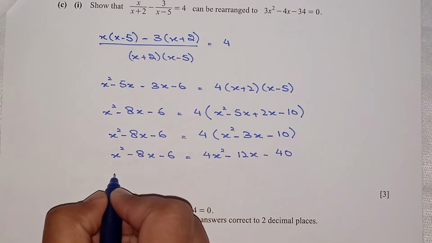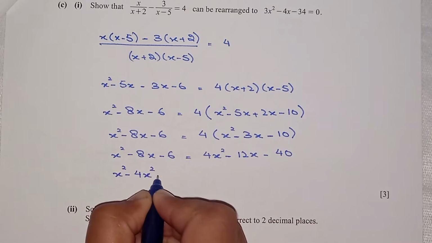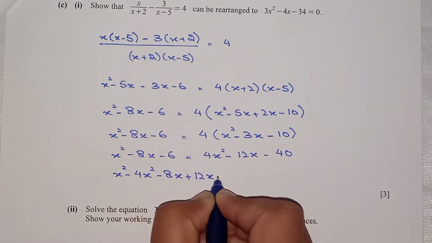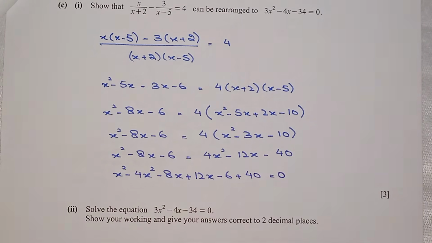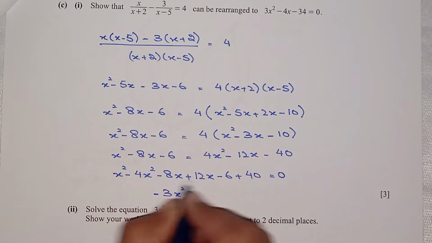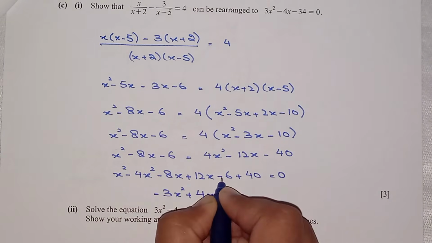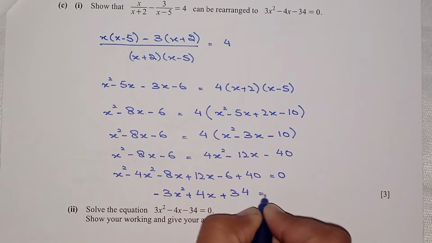It would be x square minus 4x square minus 8x plus 12x minus 6 plus 40 equals 0. Now this would be negative 3x square, and 12 subtract 8 would be positive 4x, and 40 subtract 6 would be 34, equals 0.